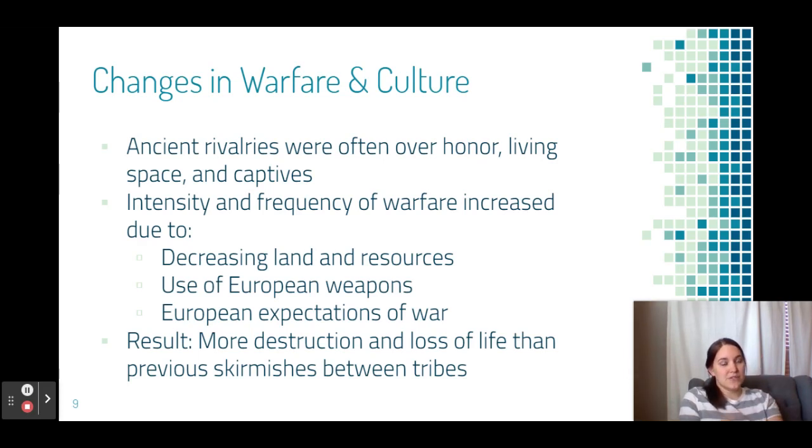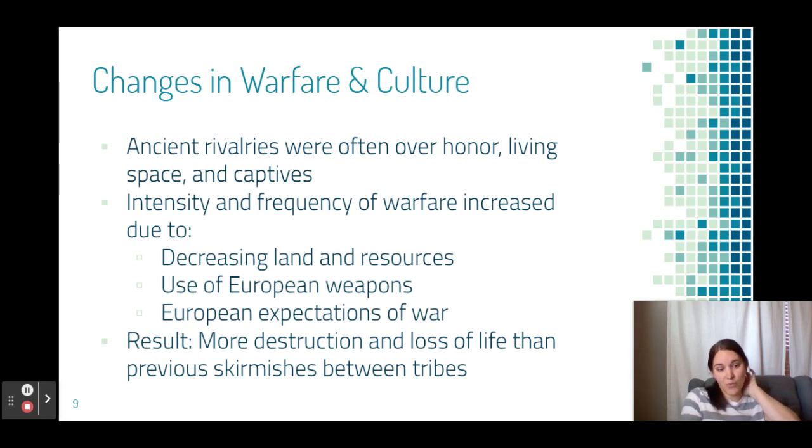And the results would often be captives taken or people being adopted into families, and the number of captives was quite low. But the intensity and frequency of warfare really increased as less and less land and resources were available. That scarcity led to increased competition.